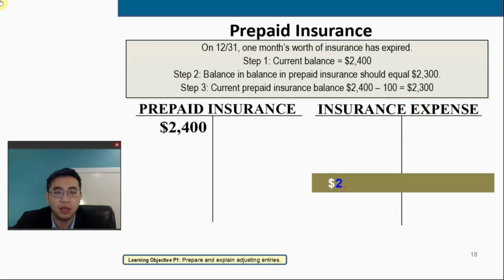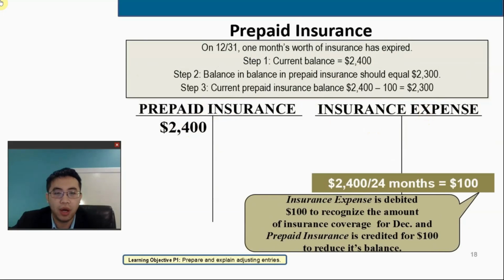You will have $100, your insurance expense, recorded under the general ledger for insurance expense, because it's an expense, and when incurred, it should be a debit. So you shall see a 100 debit recorded for insurance expense.